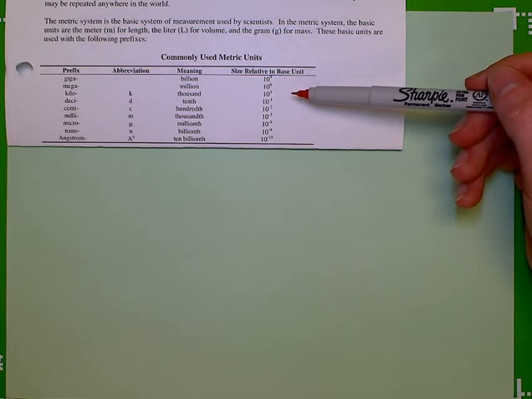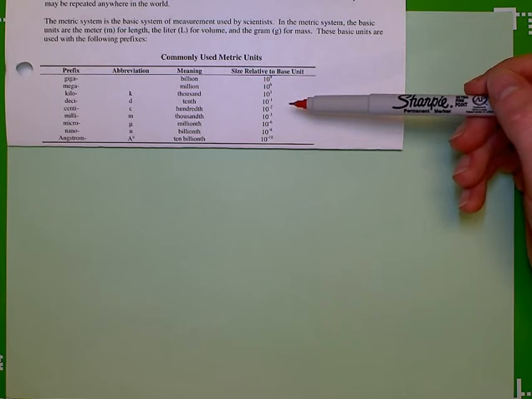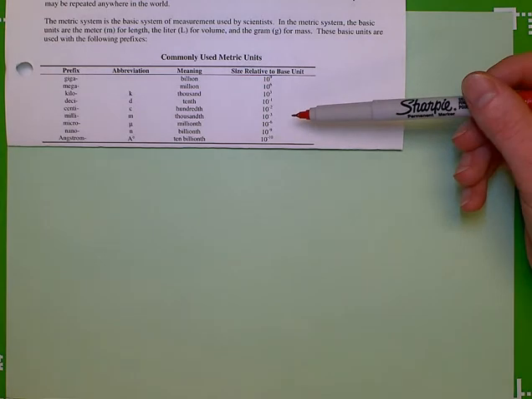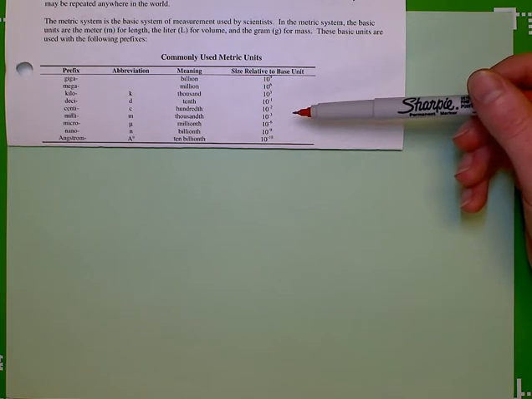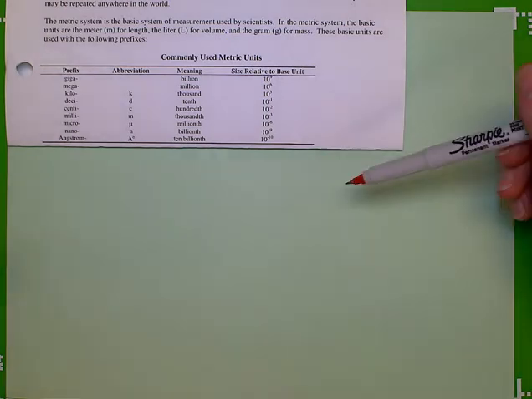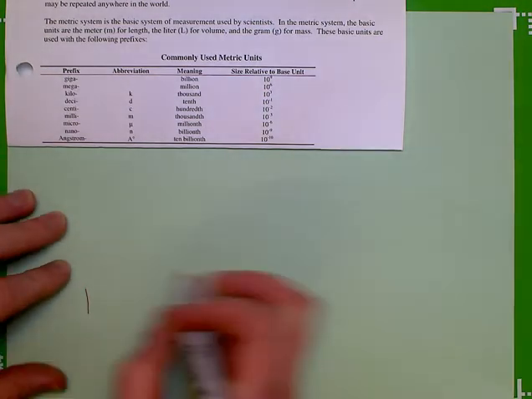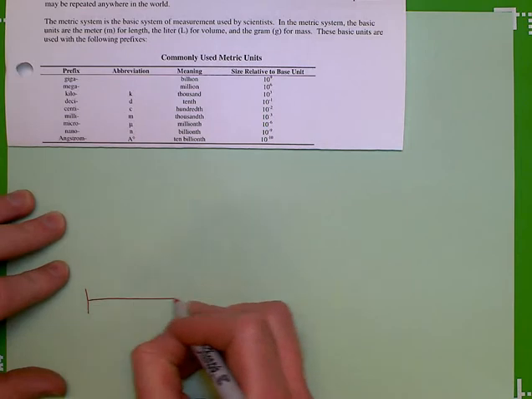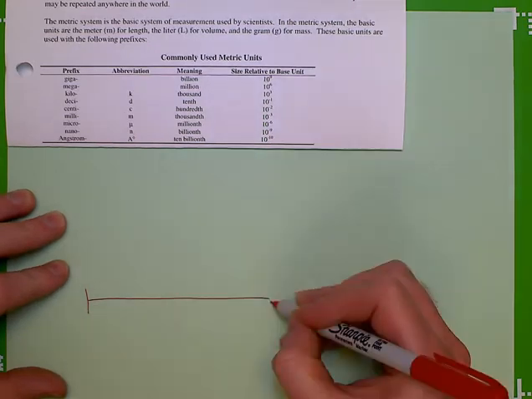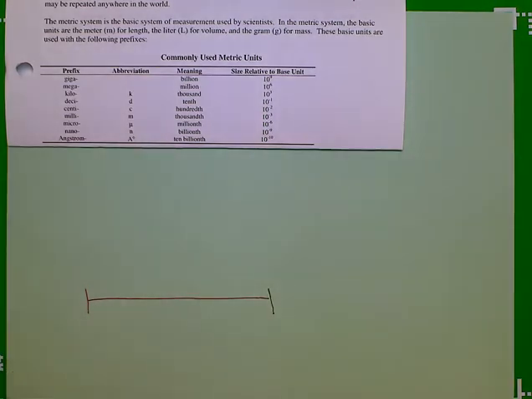What I want you to do with this is change it or put it in a format that is easier for you to use. What I mean by that is I want you to follow along with me right now, and draw what I'm drawing. Draw a line and one perpendicular to that about half the page in length, basically a bracket.